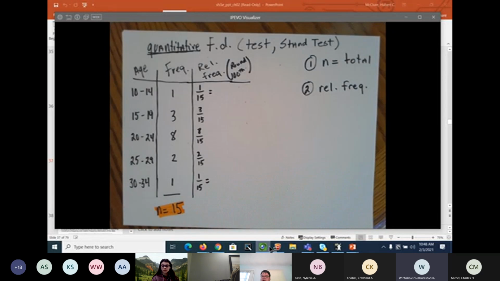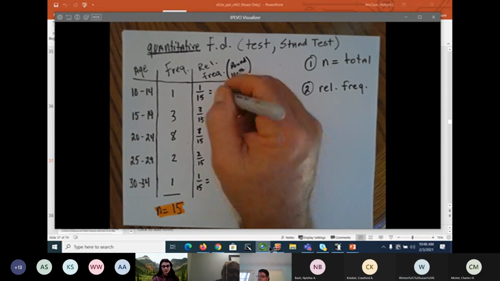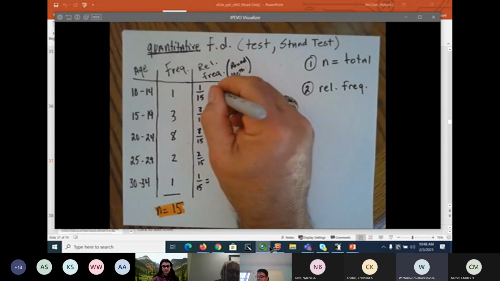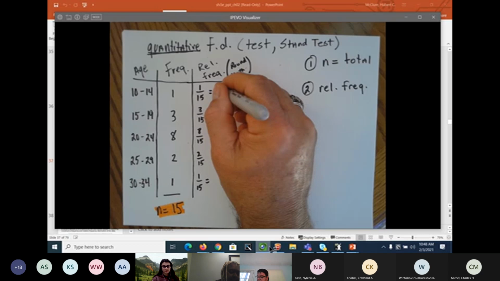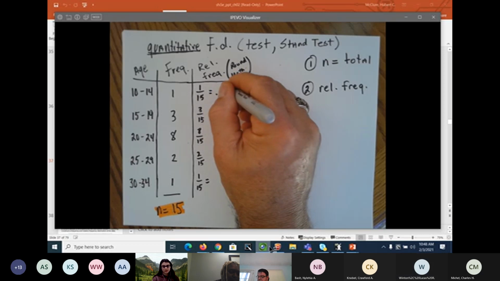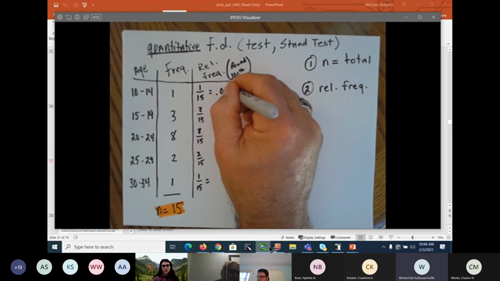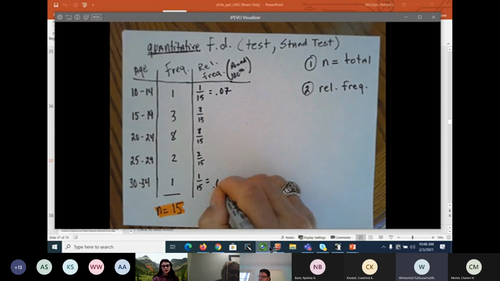Just say 0.02 or 0.03. Don't put a 0 in front of the decimal. Just say point blah, blah, blah. What is it? 0.06? 0.067. 0.08 or 0.07? 0.07. Round to the nearest hundredth.